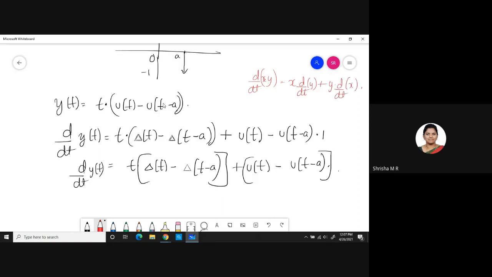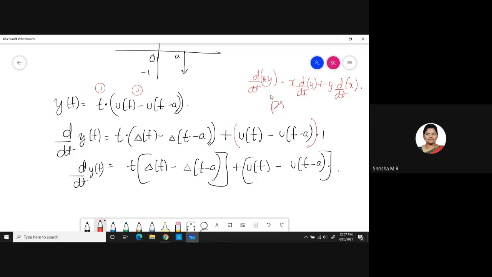I have t as one function and u of t minus a as the other. Here I have kept t constant and differentiated the unit step. Differentiation of a unit step is an impulse: u of t gives delta t, and u of t minus a gives delta t minus a. This is the first part. For the second part, I'll keep u of t minus a constant and differentiate t with respect to t, which is 1. Ma'am, you are applying the product rule, right? Yes, I'm applying the product rule.